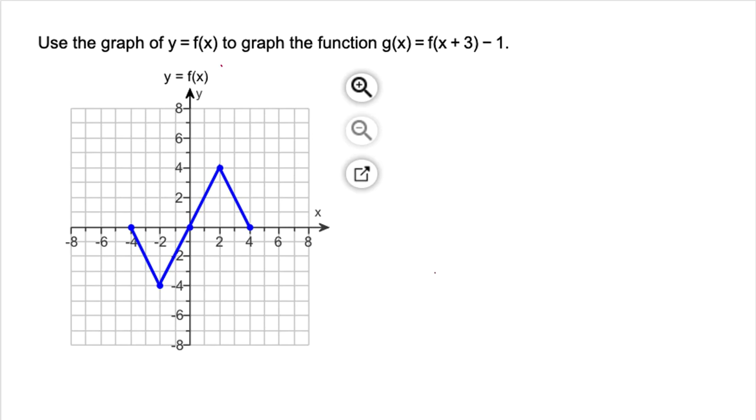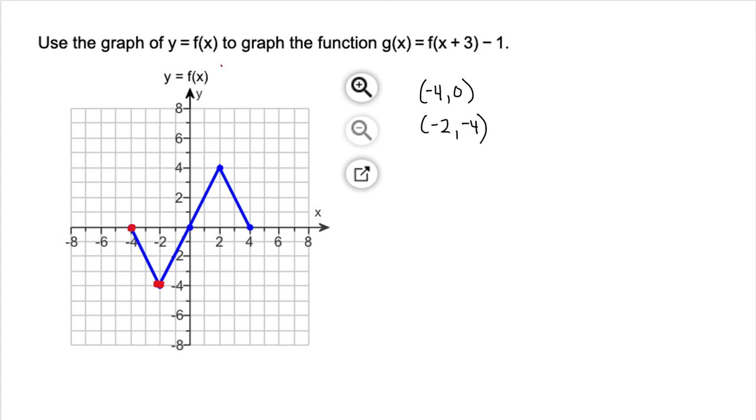The first step in applying these transformations is to identify the ordered pairs of your original graph. I'm going to look at each one of these ordered pairs and write down the xy ordered pair. Here I have negative 4, 0. My next ordered pair is negative 2, negative 4.